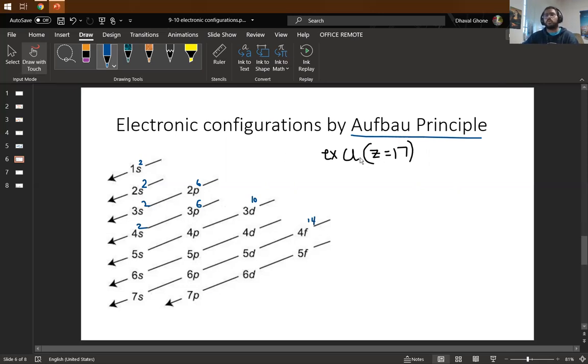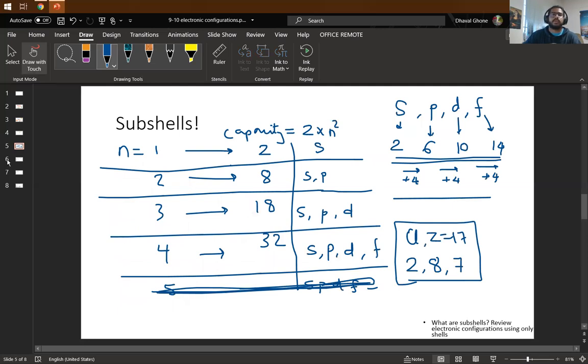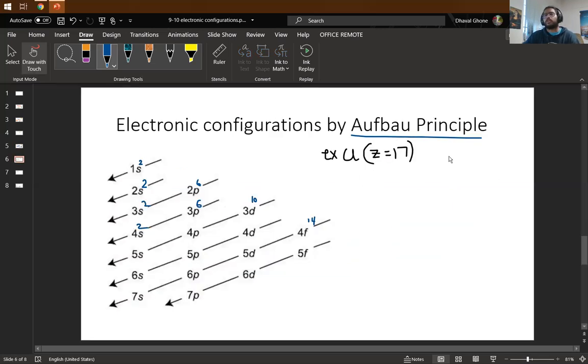Okay, so we first said that chlorine's electron configuration by the shell logic is 2,8,7.